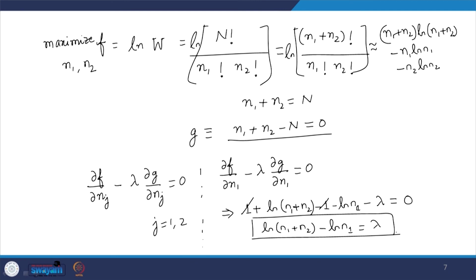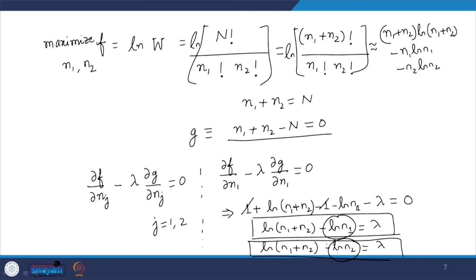And now, if I do the same thing for n2, what do we get? Ln of n1 plus n2 minus ln of n2 is equal to lambda. If I compare these two equations, or you can subtract them, what you notice is that ln n1 must be equal to ln n2.